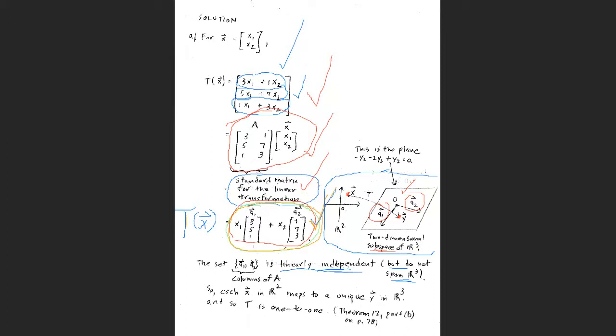And because the components of the vector x are the coefficients of these linearly independent vectors, it follows that every x in R squared will map to a unique vector y in R cubed, because if you change either component, x1 or x2, you're going to get a different vector y.